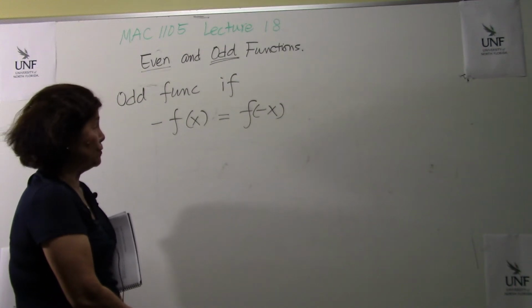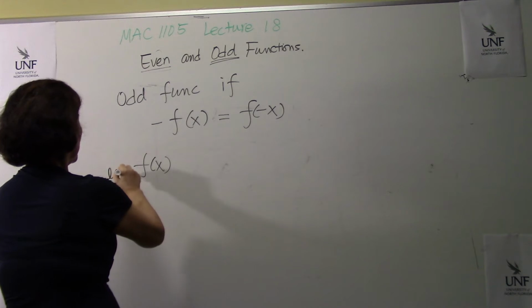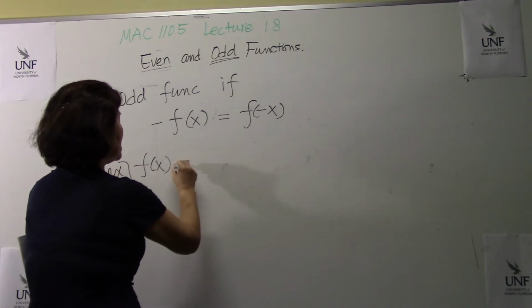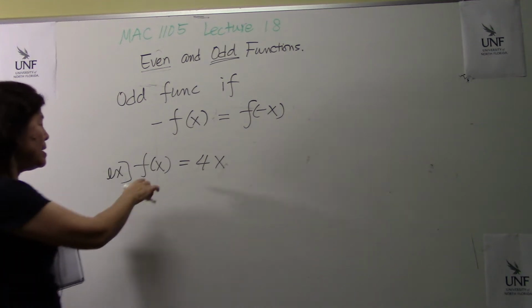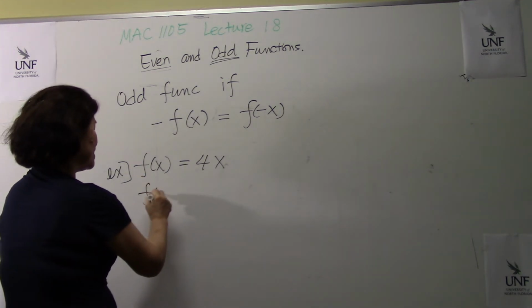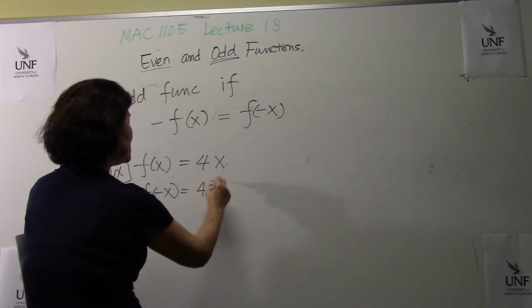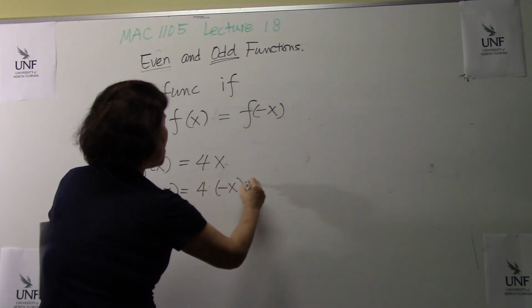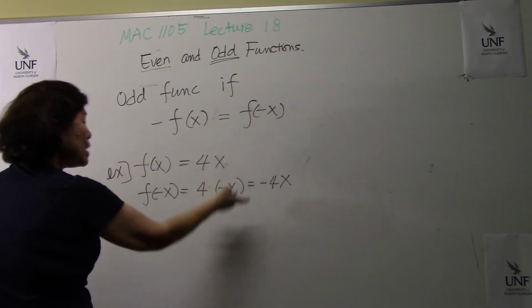Well, is there any such function like that? Well, let's think about it. f of x equals 4x. What about that? Let's change to f of negative x. f of negative x is 4 times negative x. Therefore, this is negative 4x. So they are not equal.